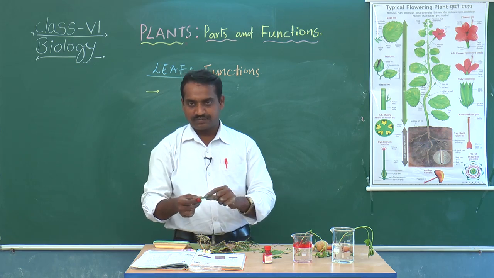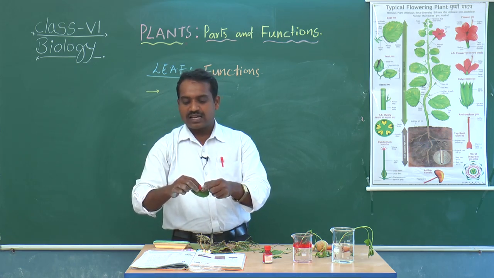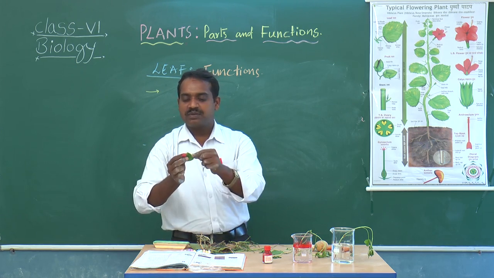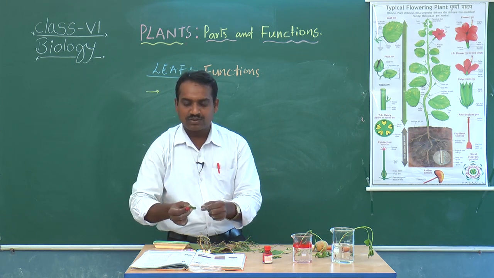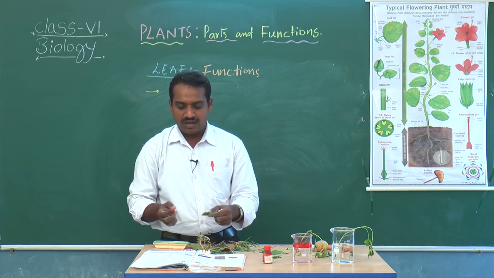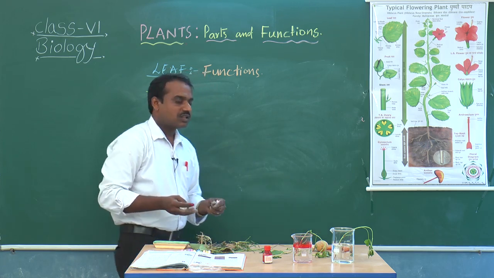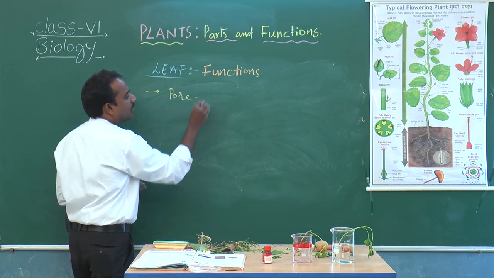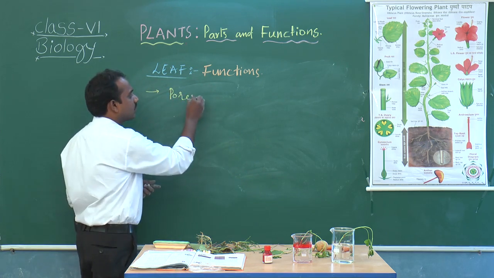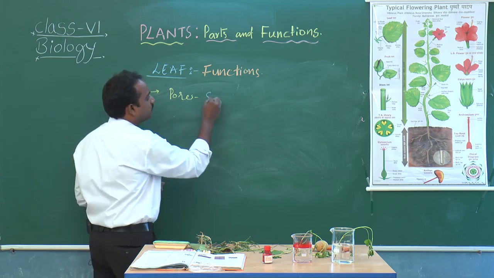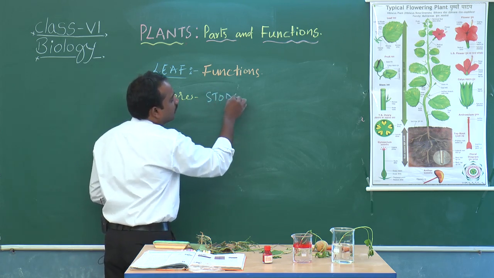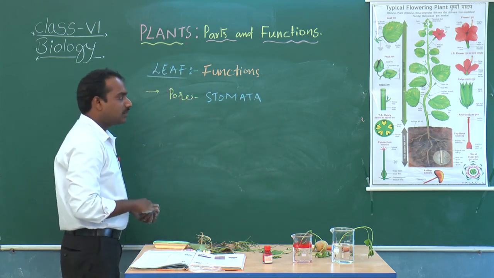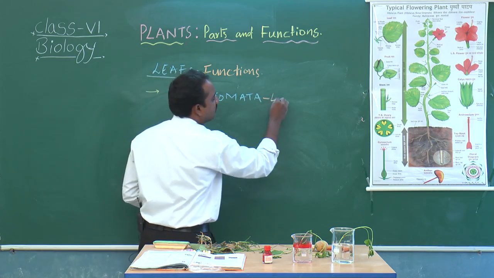Take a leaf and get the peel of it. Observe this peel under the microscope. When you observe this, we can find small pore-like structures called stomata. These stomata help in the exchange of gases.